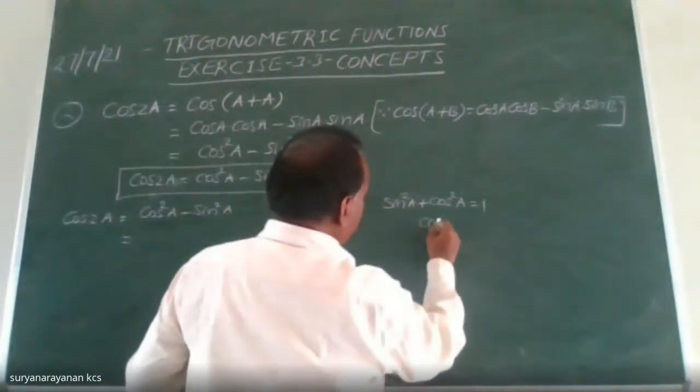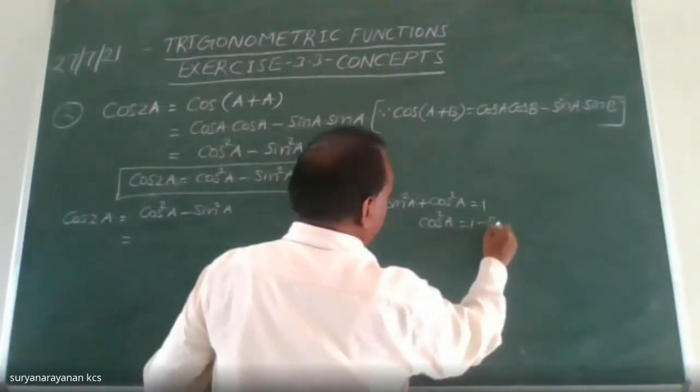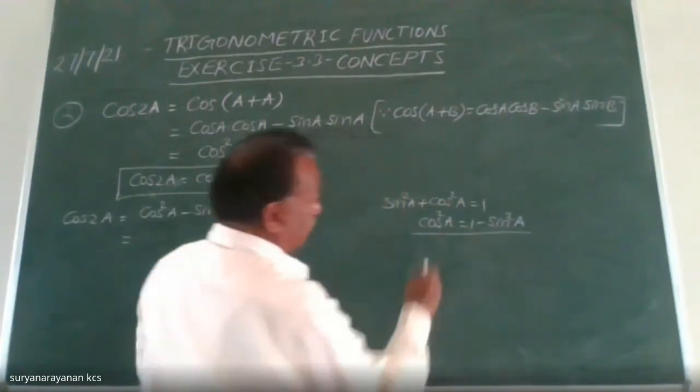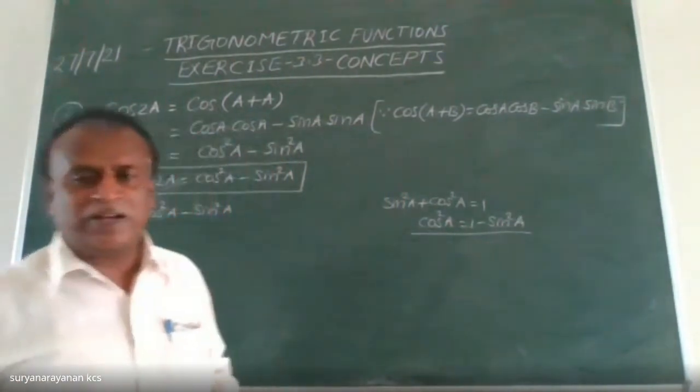Cos square A is equal to. Can we write cos square A is equal to 1 minus sin square A?